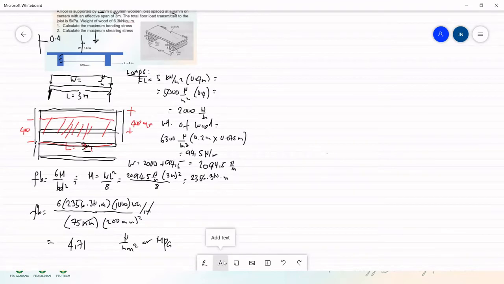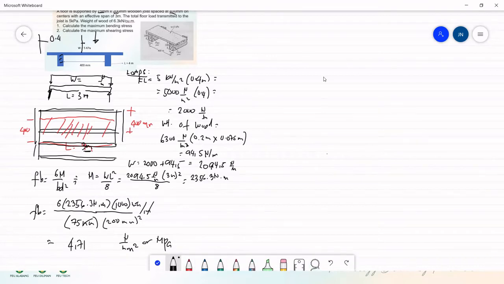Anyway, ang formula kasi ng shearing stress, you have this general formula, VQ over IB. Anyway, di-discuss ko to in detail mamaya. Or, for rectangular section, we can use 3V over 2BD. Okay.